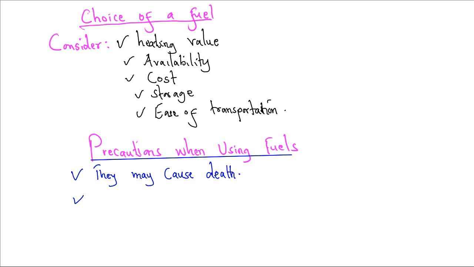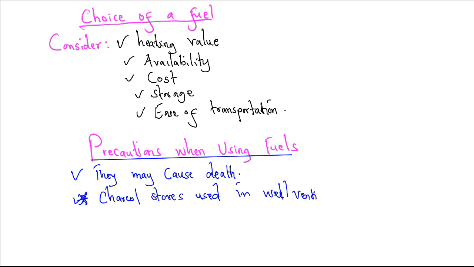So we can now list the following precautions. Charcoal stoves should be used in well-ventilated rooms. As you know, it will lead to release of carbon dioxide, which is a poisonous gas. Gas cylinders should be stored in well-ventilated rooms far from heat sources.